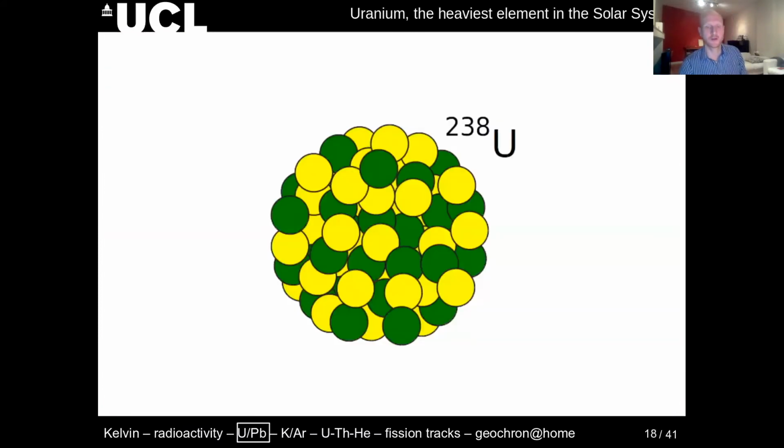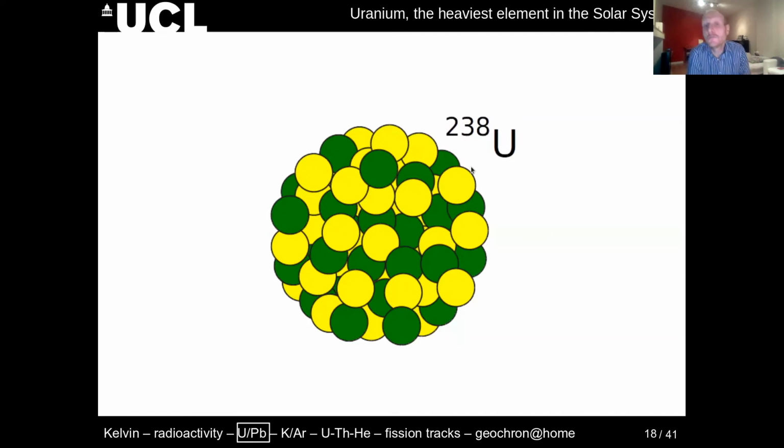So the first technique that I would like to discuss in a bit more detail is the uranium-lead method, which I already briefly mentioned before. It is based on the radioactive decay of uranium, the heaviest element in the solar system, in its most common isotope, uranium-238. It has 92 protons, that's why we call it uranium, and 146 neutrons. It's a really massive atom.